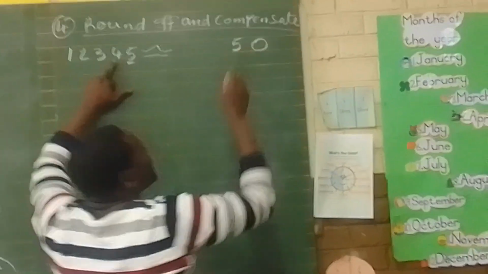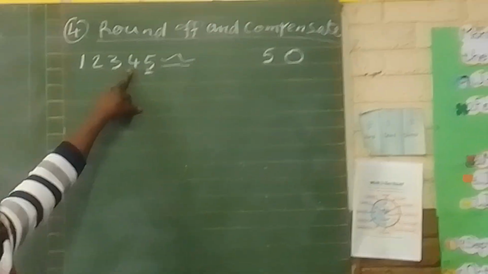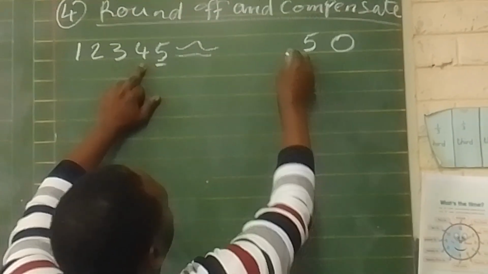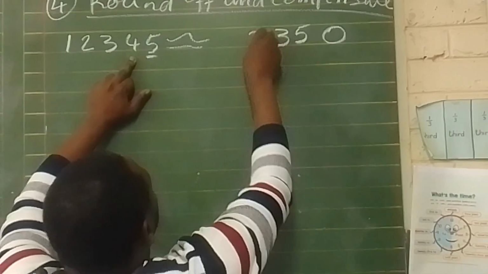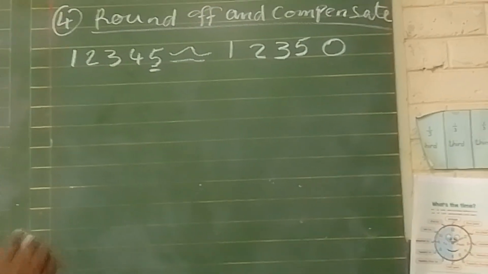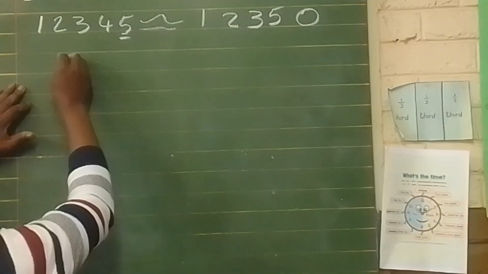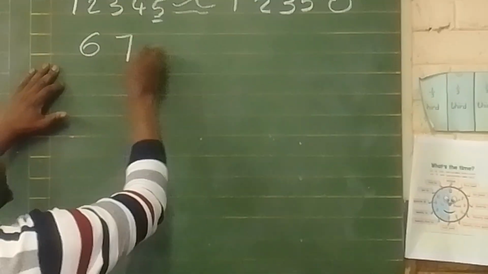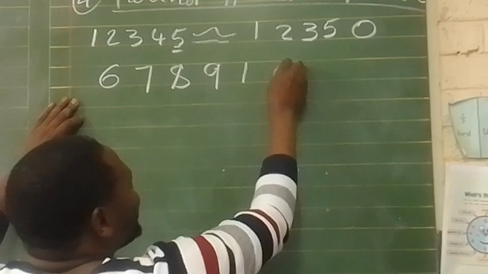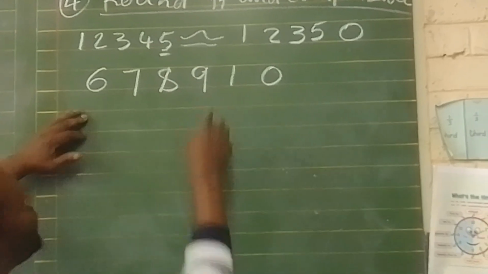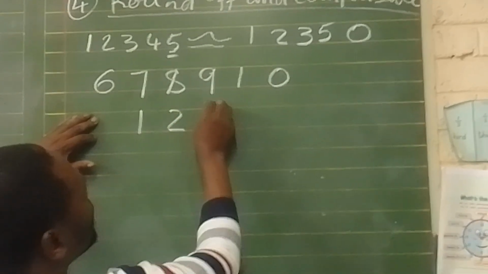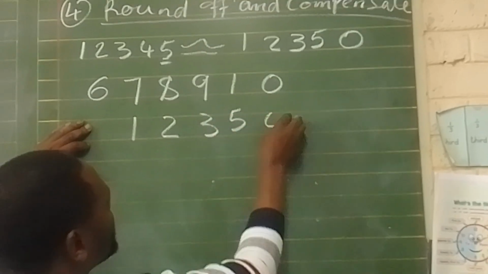That is why I started with rounding off, so that you can all follow. Then you have a what? A 3, a 2, and a 1. This is the number that you are going to use. So you take this number, you use 6, 7, 8, 9, 10 to add to 1, 2, 3, 5, 0.